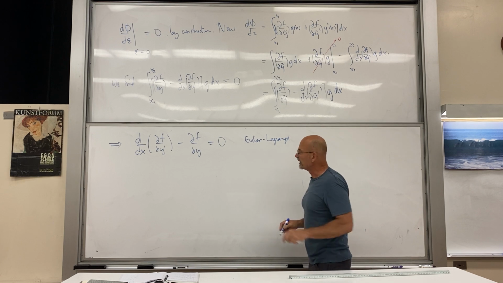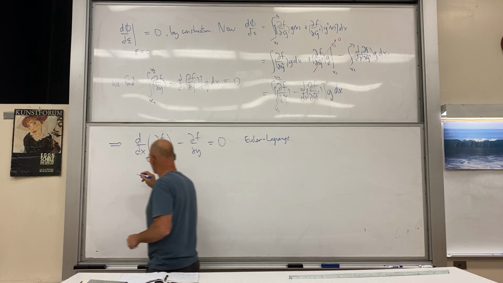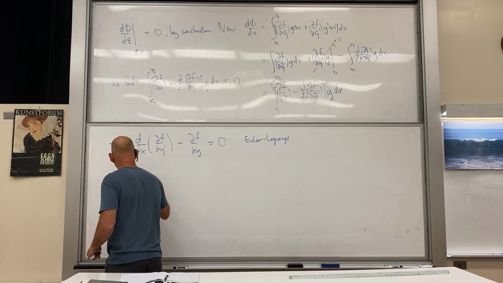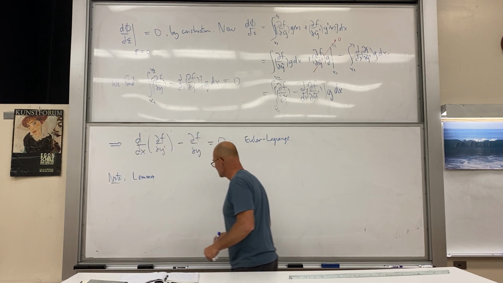But the reason we can do this is because of the fundamental lemma of the variational calculus. So I'll just put a note here. Fundamental lemma of the variational calculus.